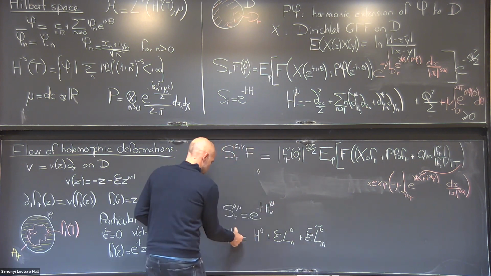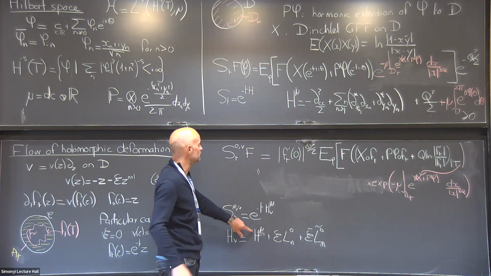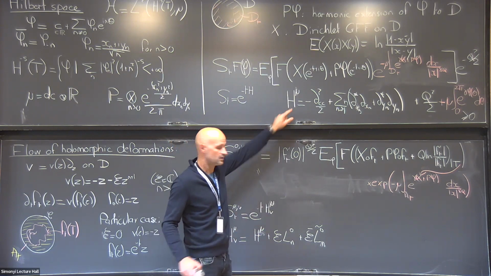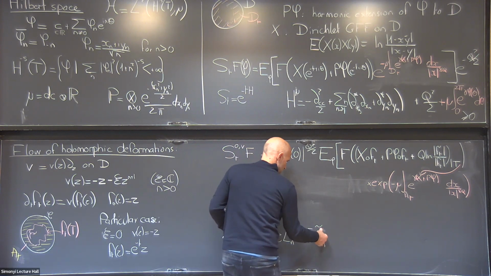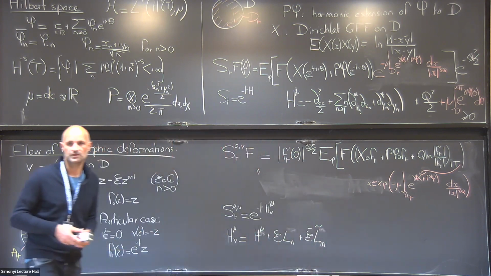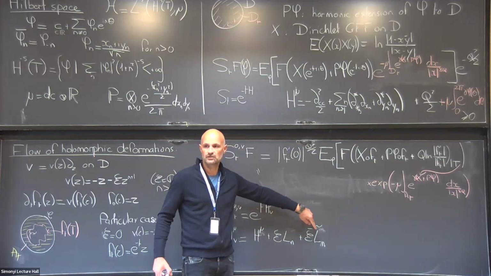And I have that my H mu is a sum of the Hamiltonian of the Liouville theories, I mean this guy, plus some extra terms that are now the Virasoro generators. And I will just skip the mu. So these are now Virasoro generators, but in the Liouville theory.